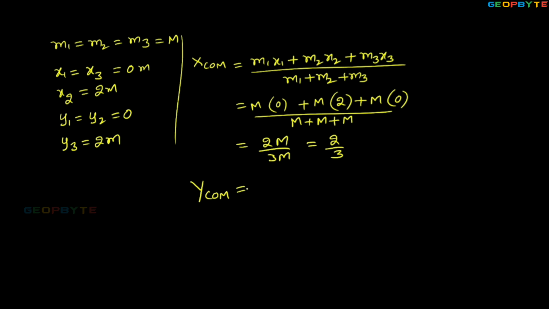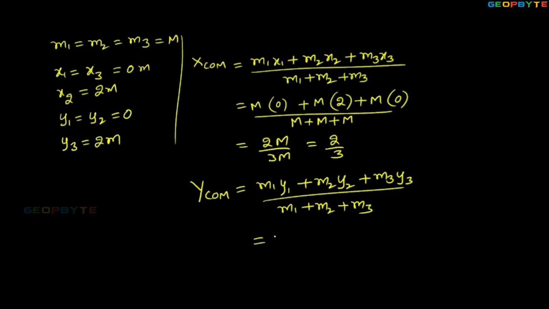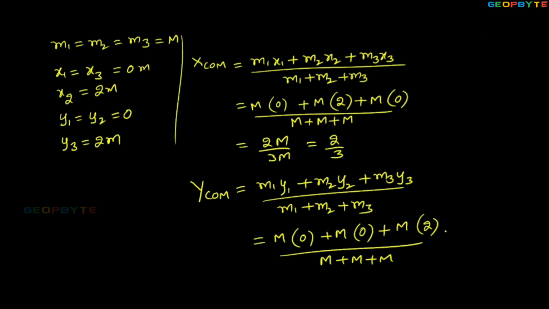Similarly, about the y-axis: m1 y1 plus m2 y2 plus m3 y3 divided by m1 plus m2 plus m3, which is m times 0 plus m times 0 plus m times 2 over 3m, equal to 2 by 3.